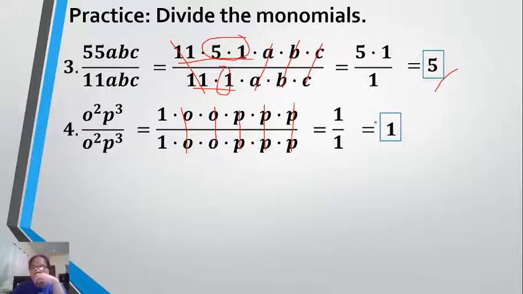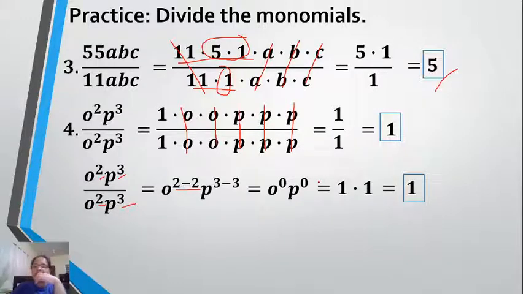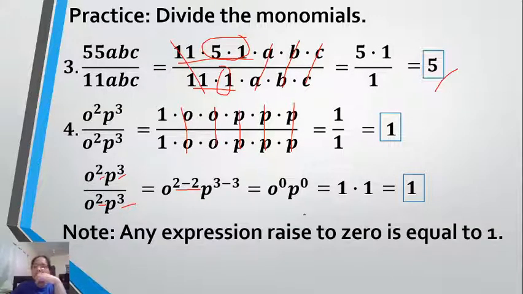Now, if we will try to follow the rule, take note, we just simply subtract the exponents in the numerator and in the denominator. So that's o raised to 2 minus 2, p raised to 3 minus 3, which will give us o raised to 0, p raised to 0. It says that any expression raised to 0 is 1. So o raised to 0, p raised to 0 is 1 times 1, which will give us 1.